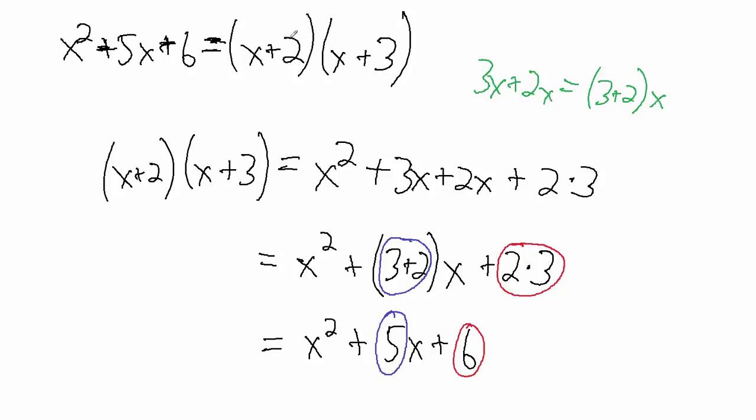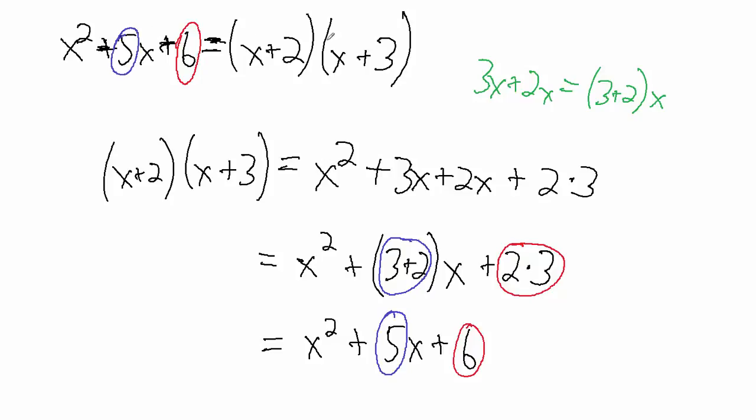Okay? So that's what's always going to happen here when we have this leading coefficient of 1. That's what's always going to happen here. These two numbers are going to multiply together to give us this number right here. And they're going to add together to give us this number right here.